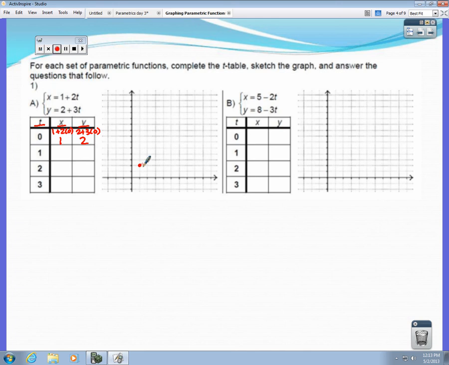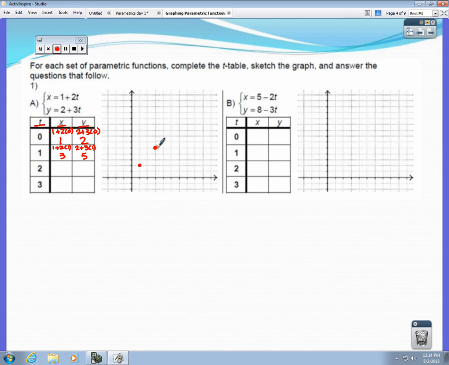This is my starting point, and I'm not going to go past that point on one side. So I have to see where the next t value takes me. Now I'm going to plug in 1. So 1 plus 2 times 1 is going to be 3. For the y equation, 2 plus 3 times 1 is 5. So my next point is (3, 5).